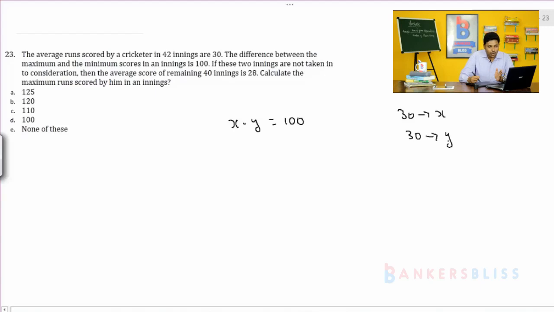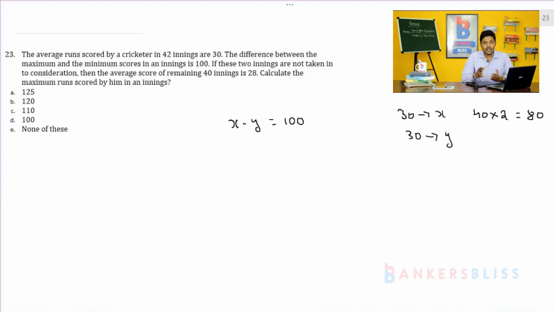Now these two are not taken into consideration, and the average is reduced to 28, so the other 40 innings are reduced by 2, which means 40 into 2, 80 scores they have lost. This 80 has to be given by x and y. After giving 80, x should retain 30, y should retain 30, because 30 was the average.